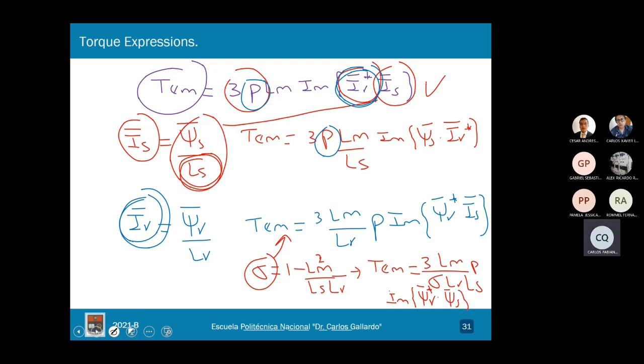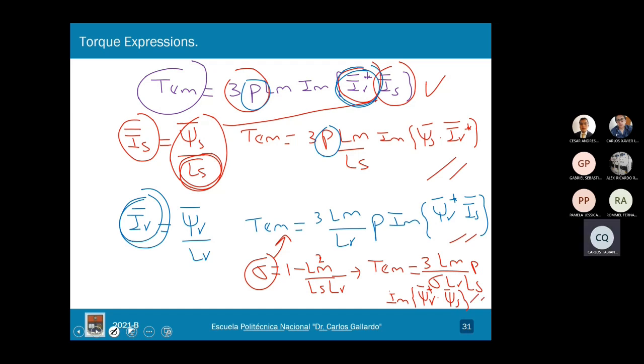So I have many expressions if, instead of the current, we use fluxes. In this way, we compute the electromagnetic torque.